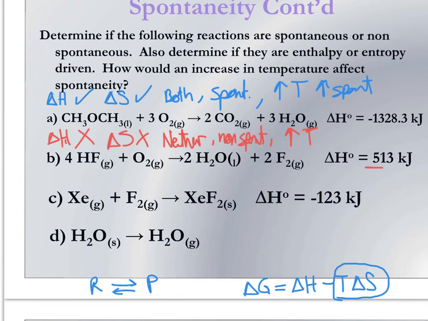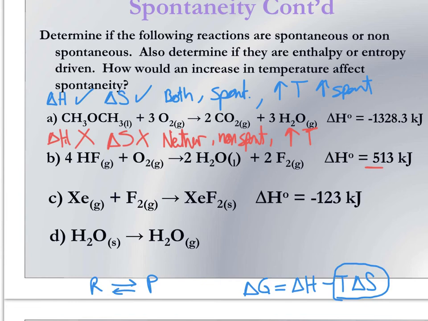Well, if I increase the temperature, what happens to the spontaneity? Do I make it even less spontaneous, so instead of 10% product, maybe even 5? Or do I make it more spontaneous, like maybe it's 15 now? It still would be not spontaneous, but there is a degree to that spontaneity, to that product or reactant favored.